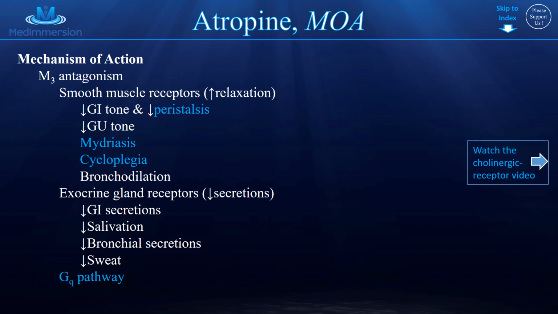So, if you decrease the smooth muscle functioning in the GI tract, remember, this is the rest and digest, or the parasympathetic nervous system. So if we decrease that tone, you're going to have decreased peristalsis, which could lead to constipation. You could also have a decrease in the tone of your bladder, which could lead to urinary retention.